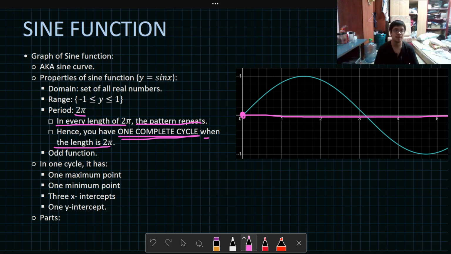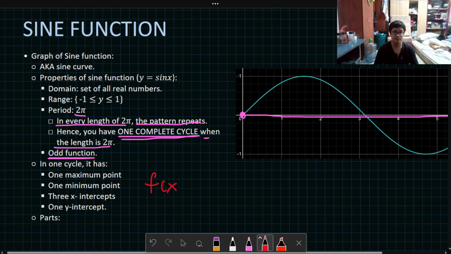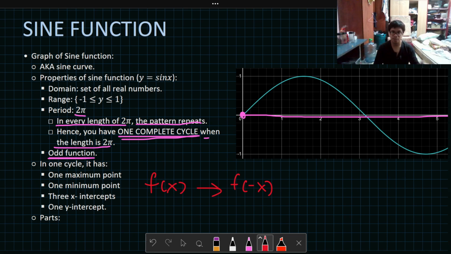Another thing to know is that sine is basically an odd function. When you say odd function, if you have f of x, and you substitute your input as negative x, and the result is negative f of x, negative overall, that means it's an odd function.